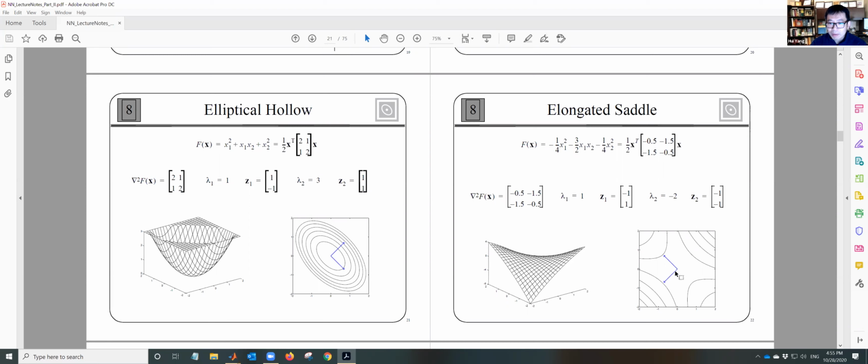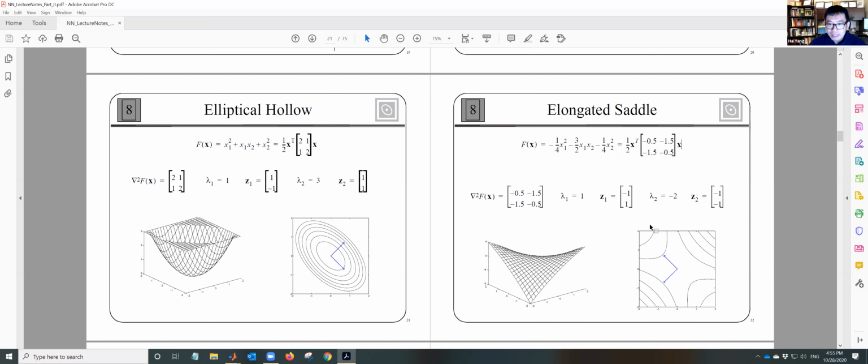Now, my question is, which one is lambda 1, which one is lambda 2? Same question. And also, which one is Z1, which one is Z2? In the middle is (0, 0). Z1 would be the top one.